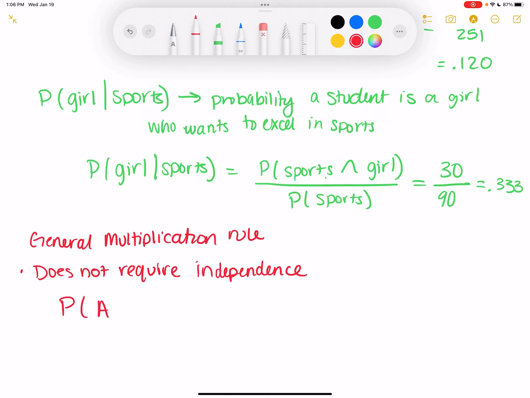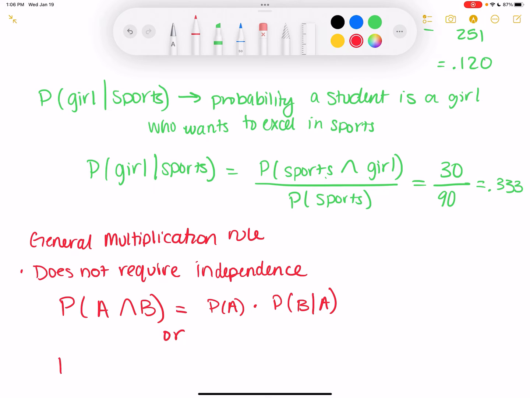Probability of A intersect B, so A and B, is equal to, and there's going to be 2 different possibilities for how this can be written. The probability of A times the probability of B given A. Okay, so this is using that conditional probability.